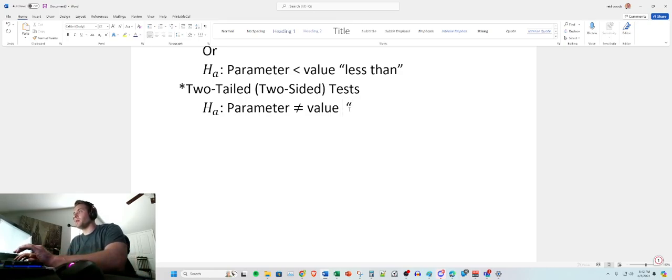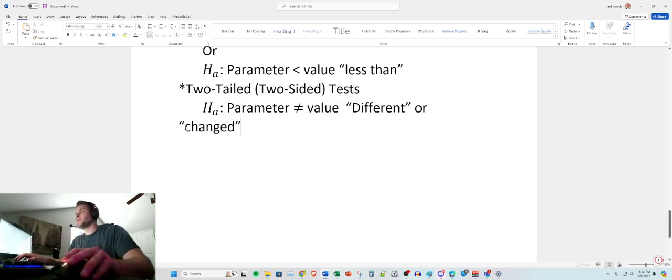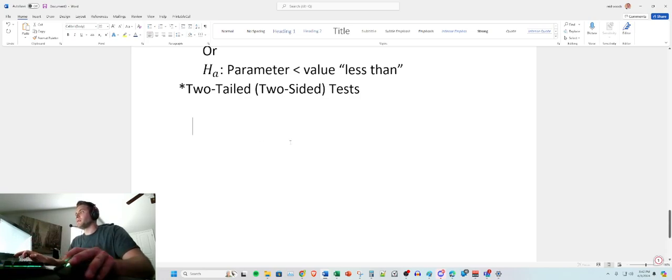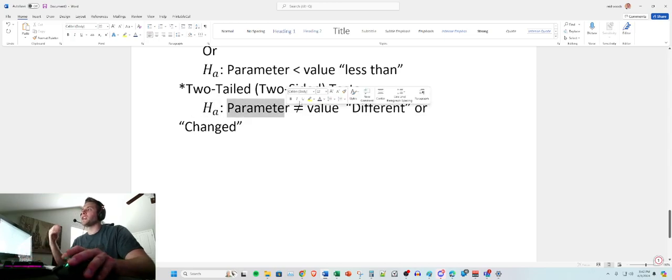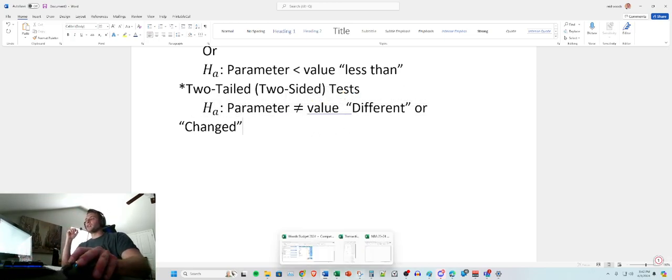What you would see for this is different or changed. It's either different or it's changed, like if they expect that this parameter has changed. Okay, that's what you'll be looking for.